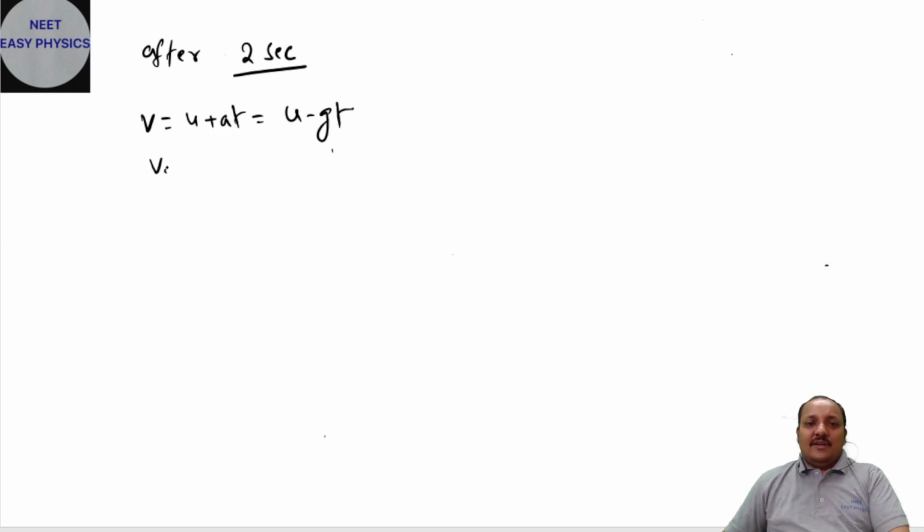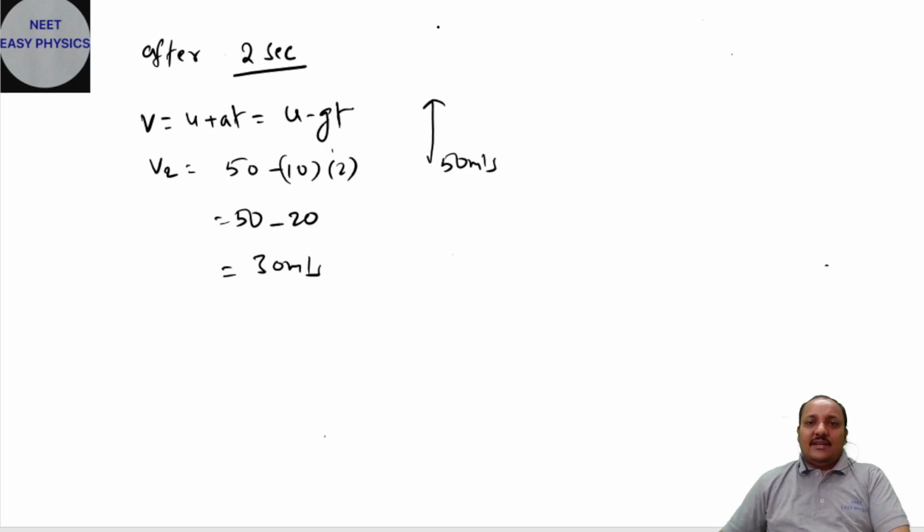Velocity after 2 seconds: 50 minus 10 into 2, so 50 minus 20. That is going to be 30 meter per second. It is going upwards because you have projected with 50 meter per second, and till 5 seconds it is going to move upwards. So after 2 seconds its velocity is 30 meter per second.